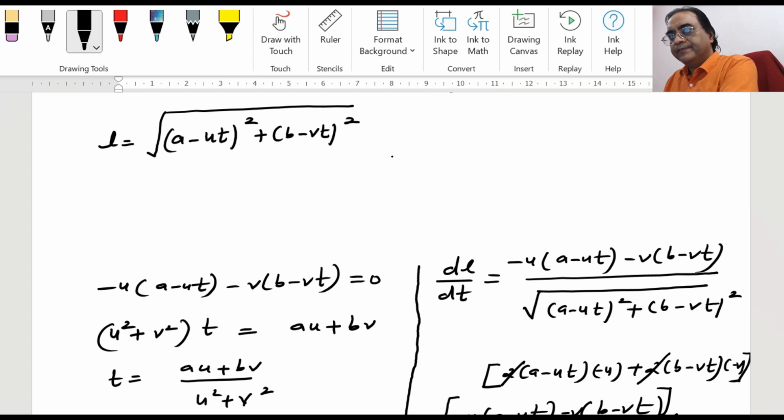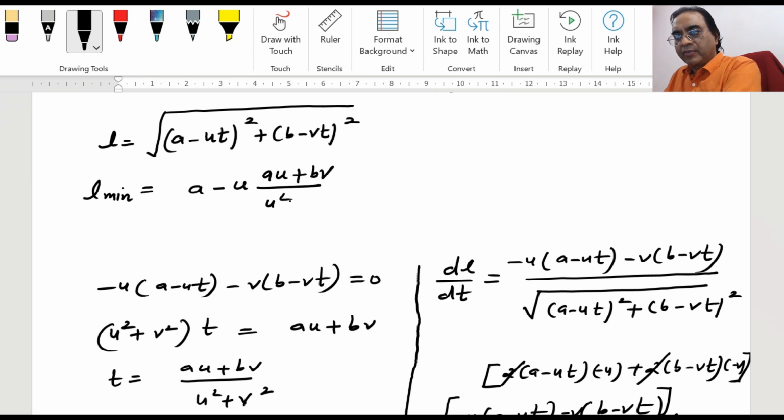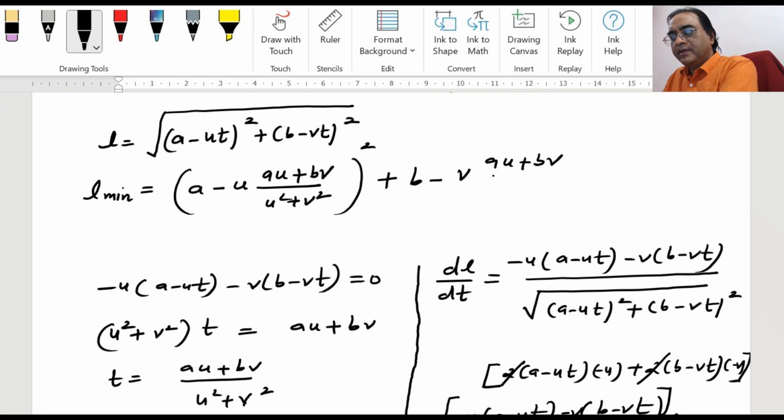So L minimum would be a minus u, in place of t we have (au plus bv) divided by (u square plus v square), then this whole square, and then b minus v times (au plus bv) over (u square plus v square), then whole square, and then we have under root.